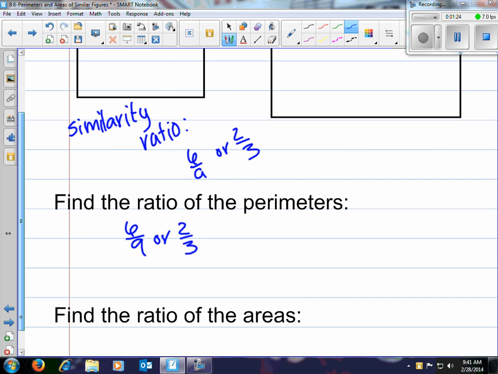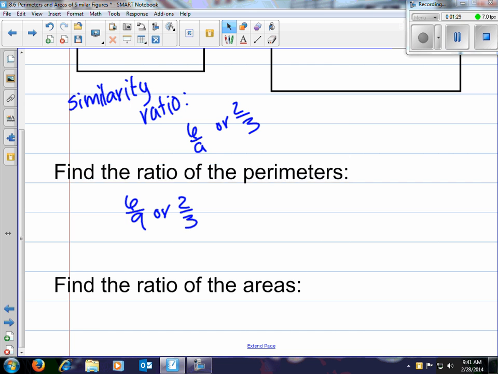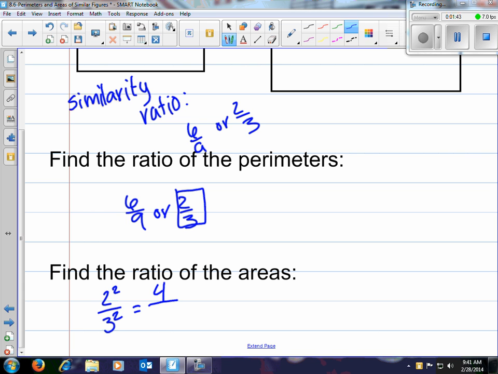Now, when I look at finding the ratio of my area, remember that my area ratio is going to be squared. So I'm going to have 2 squared over 3 squared for my areas. So I have 2 squared, which is 4, over 3 squared, which is 9. So my area ratio is going to be 4 over 9.